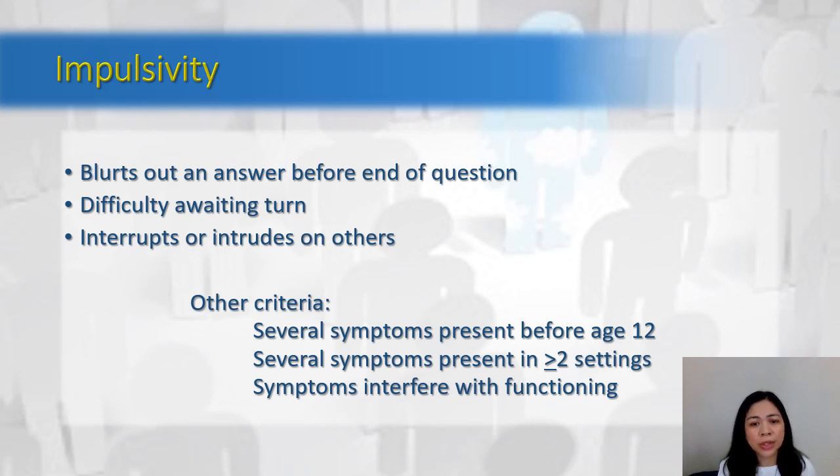So they're present in two settings, and the symptoms should interfere with functioning. So there should be evidence of dysfunction, such as failing grades, or difficulty in maintaining friendships or social relationships.